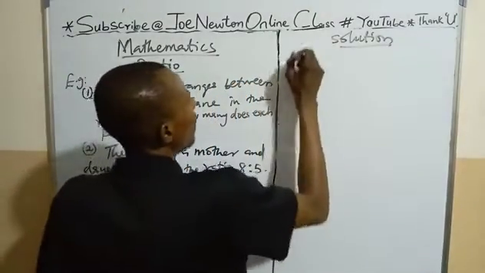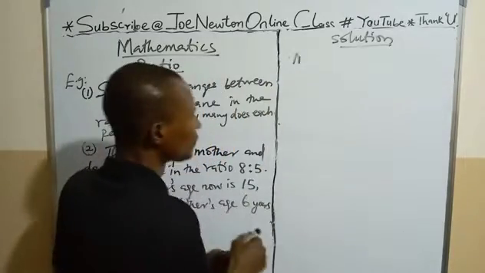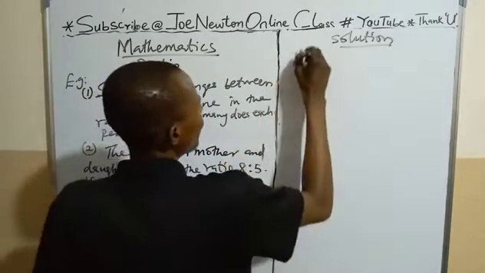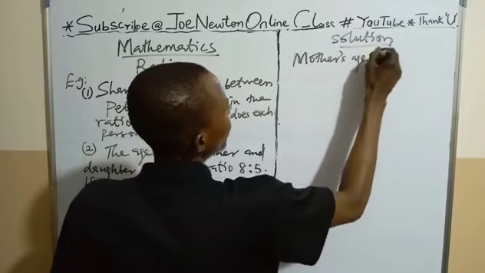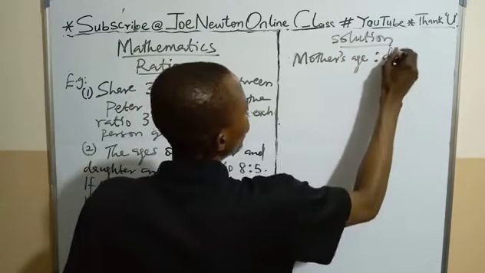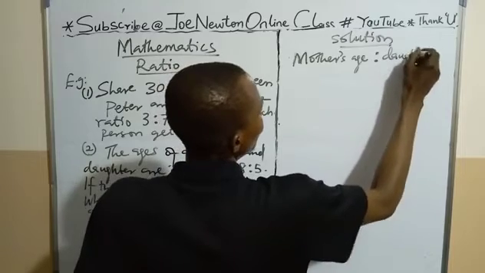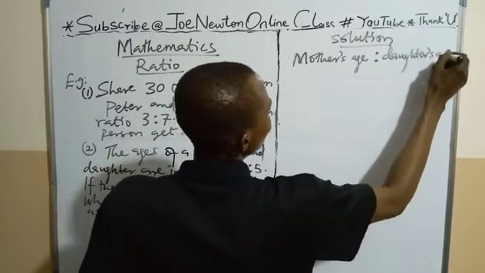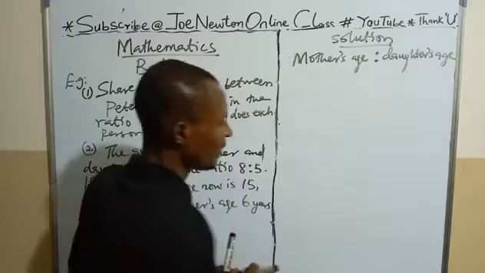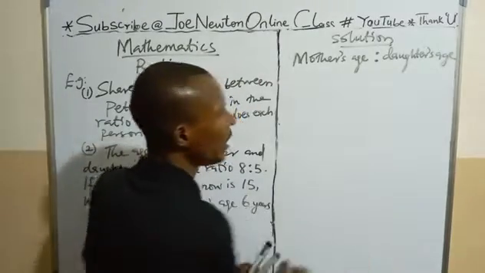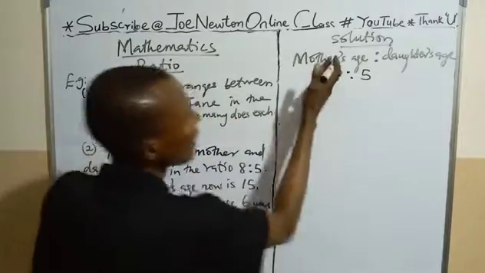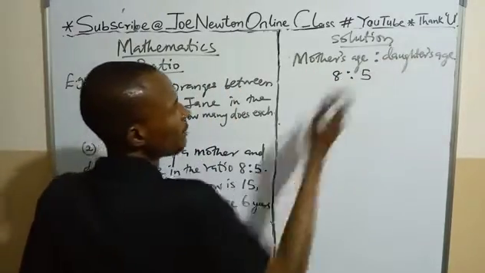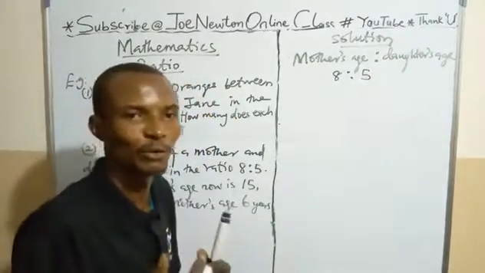We are given that mother's age is to daughter's age is 8 is to 5. Not their actual ages, but their ratio form.